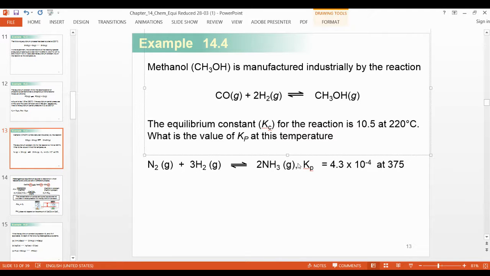Calculate Kc for the reaction. Alright, who will solve this question now?